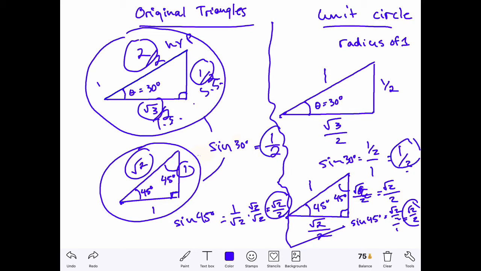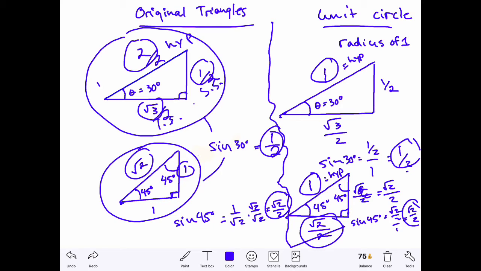Unit circle or original, both are the same. However, we want to start looking at them each with a radius of 1, in other words, the hypotenuse equal to 1. And so for a 45, each of the legs will be root 2 over 2. We want to commit this to memory.